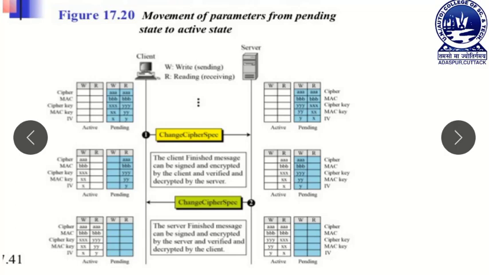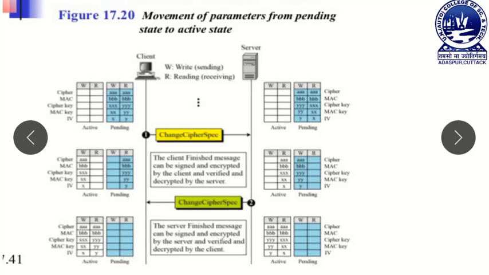Now the server can verify and decrypt the message. This means that the finished message sent by the client can be signed and encrypted by the client and verified and decrypted by the server. This is the process when the change cipher spec message is sent from client to server.